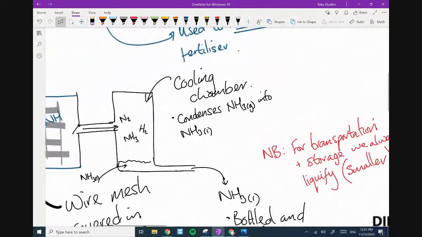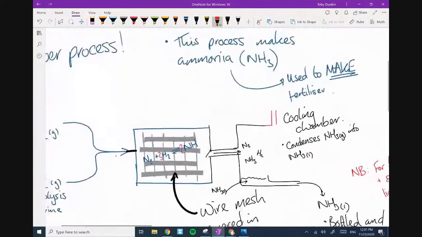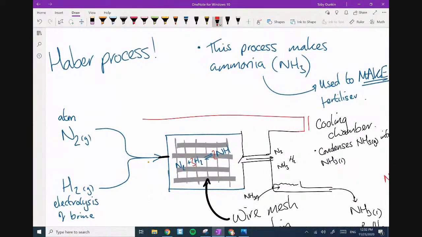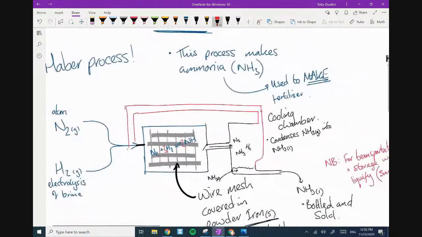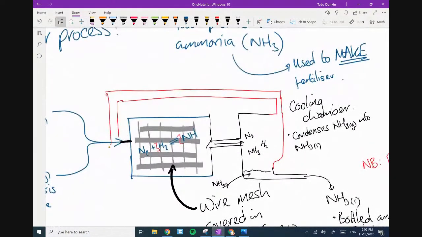Now, here's the next clever bit. We're not quite finished, because there's another output at the top up here. What we are going to do is recycle unreacted gases. This pipe recycles unreacted gases.